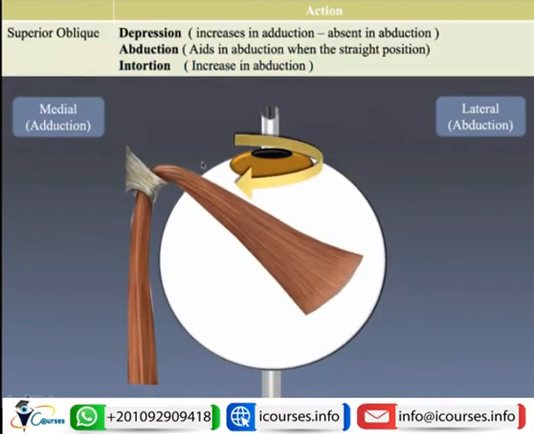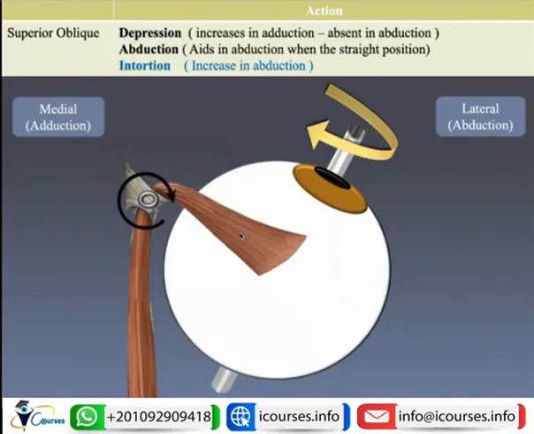So the superior oblique will cause intorsion, or rolling in of the eyeball toward the nose, and this intorsion will increase in abduction. So by using the trochlea as a pivot for movement, the muscle will cause abduction, and the intorsion will increase in abduction.